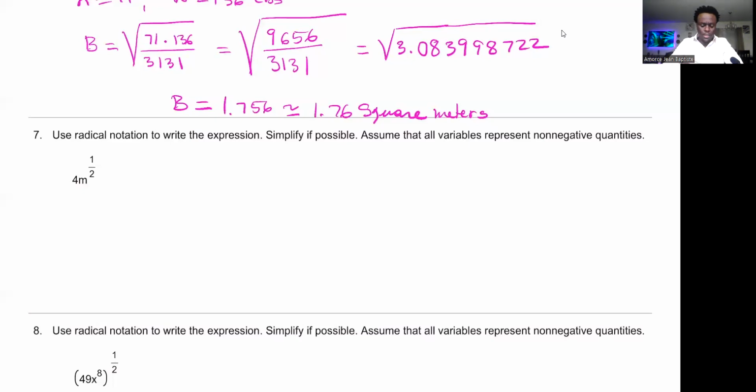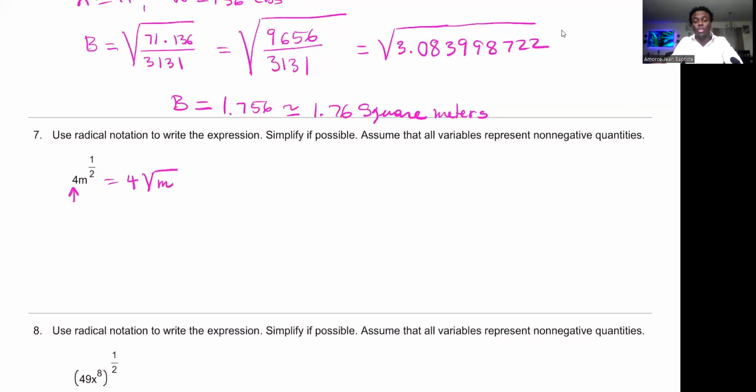That said, in this expression 4 is a coefficient, so it's not going to go inside of the radical. The base of the exponent is the only thing that goes inside. So 4 on the outside, and then the 1/2 means that I have an index 2, so square root of m.